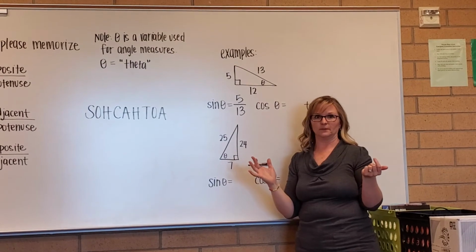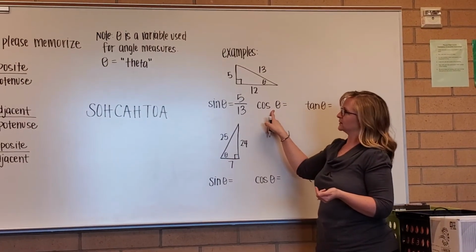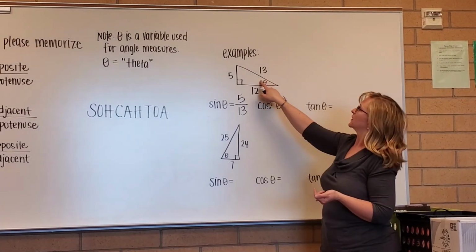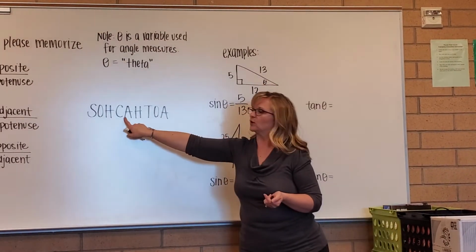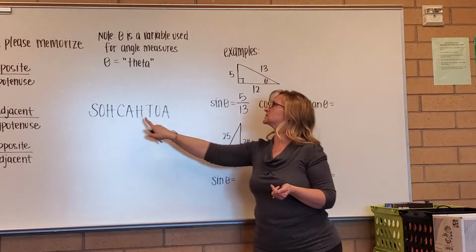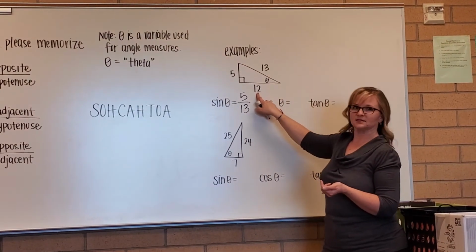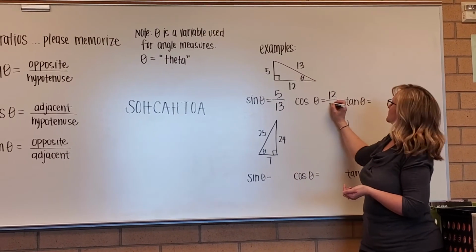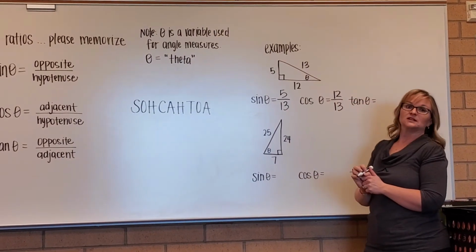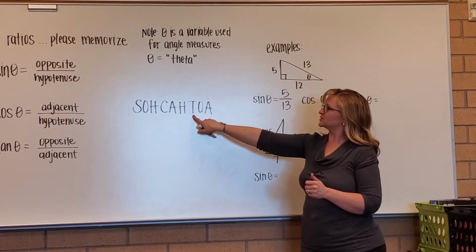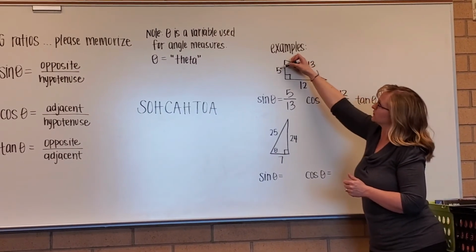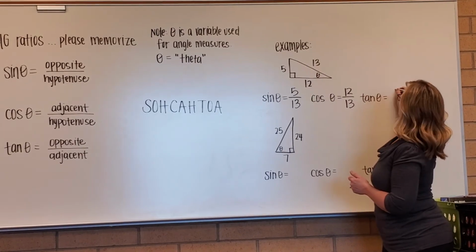That's all I'm looking for. What is cosine? Again, from angle theta, cosine asks us for adjacent over hypotenuse. This is the adjacent side, 12, over the hypotenuse, which is 13. So then tangent is opposite over adjacent, so tangent is 5 over 12.